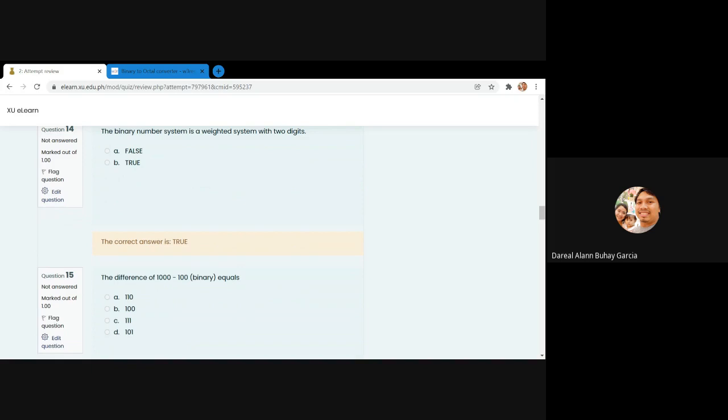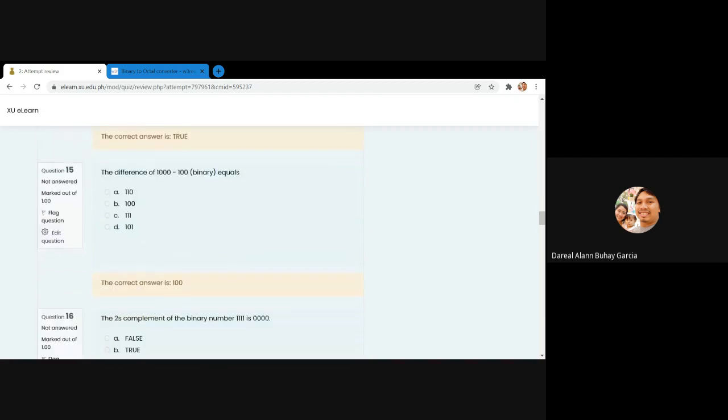So each digit has weight. Now the difference of 1000 and 100 in binary, put it in the calculator. 100. So Joffrey is right, 100. Not hard, right?